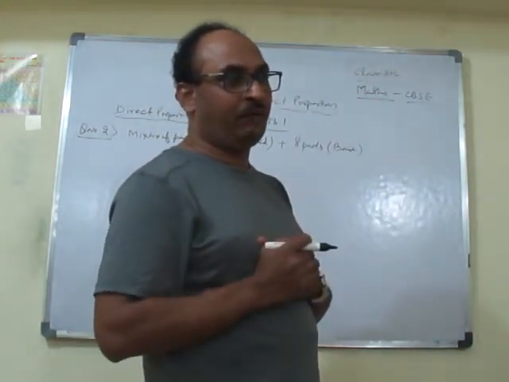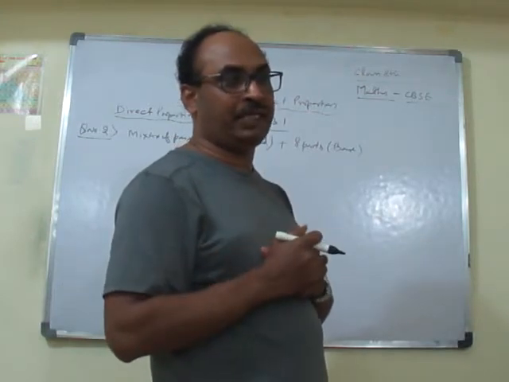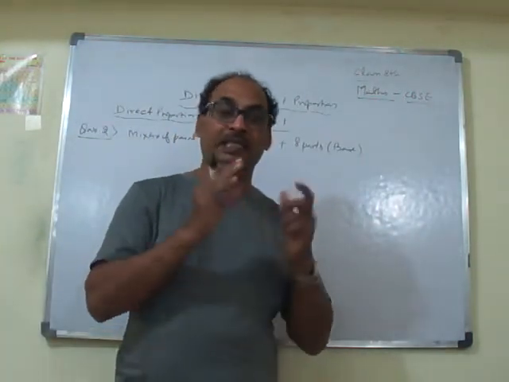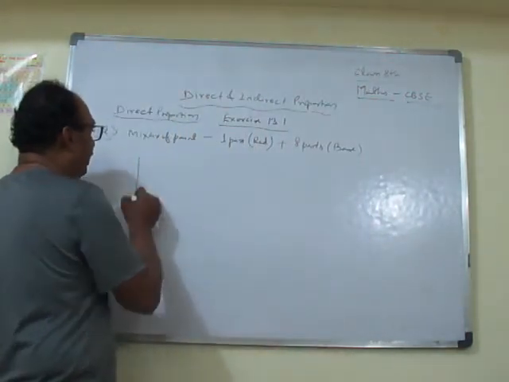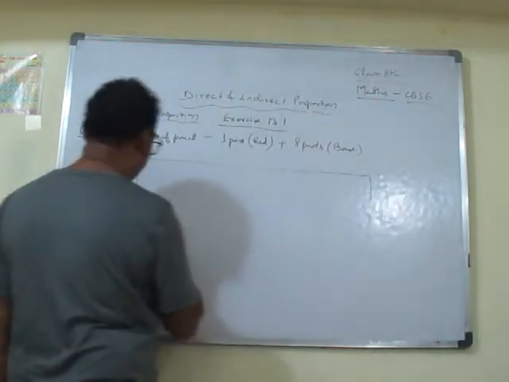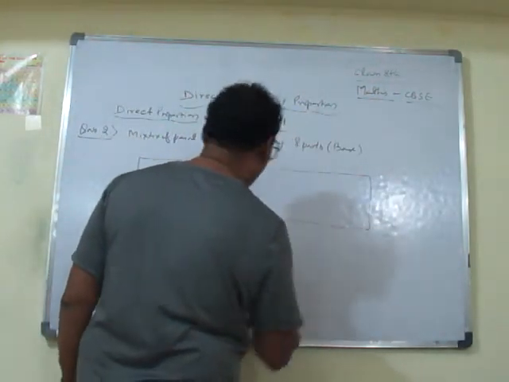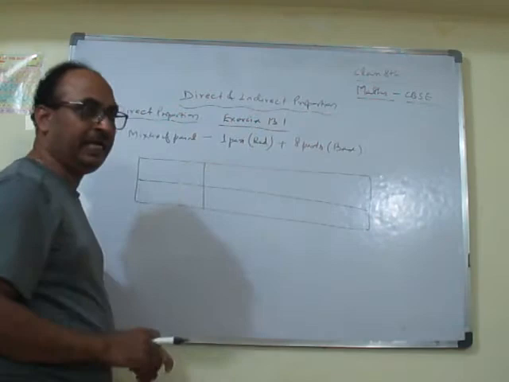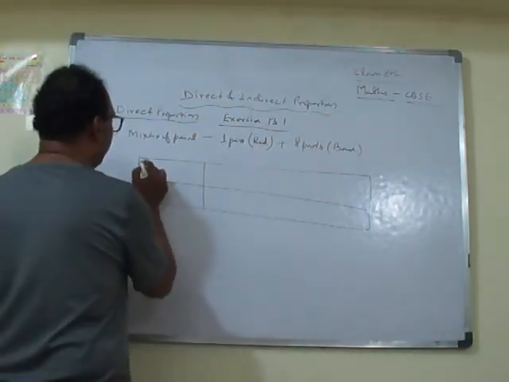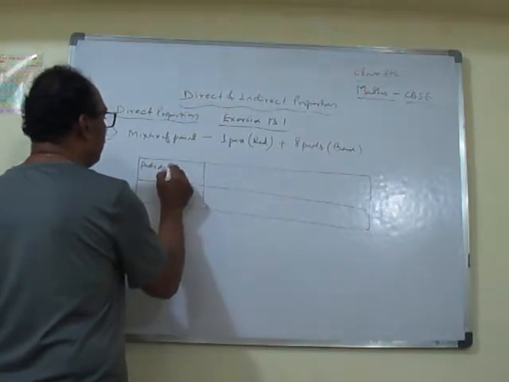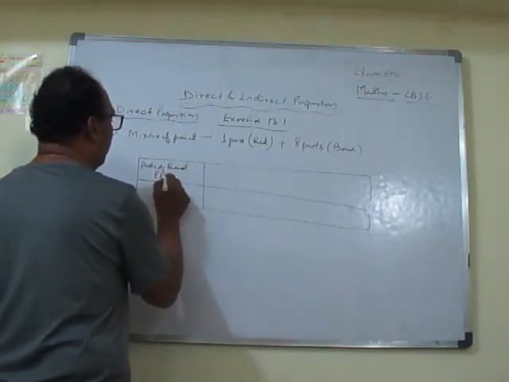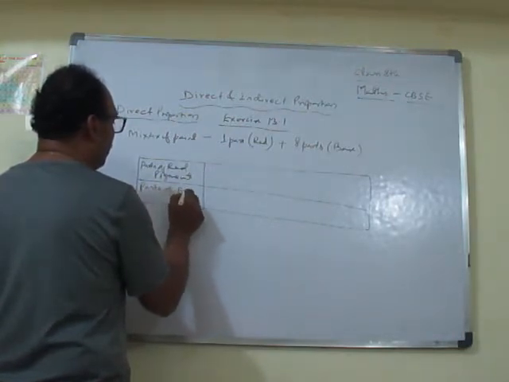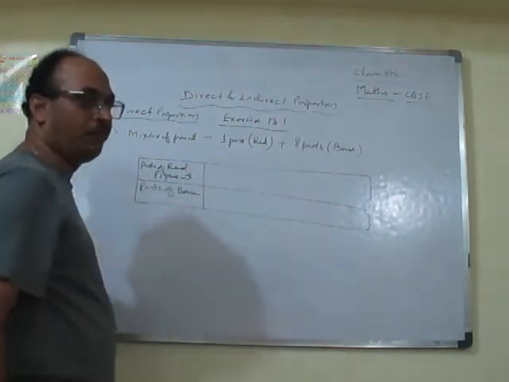We are already given one table and we need to find the parts of base that need to be added. It has already been given that it is in direct proportion. Let me prepare that table first. Here are the parts of red pigment, and this is the parts of base.